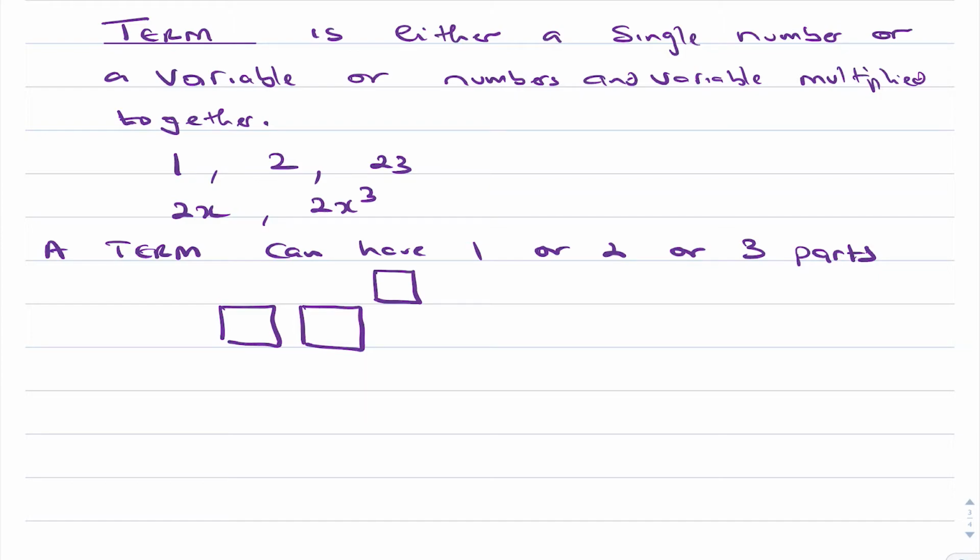So that's what terms look like. And this is what we call a term. In this case, let's put 3 there. That's a constant. Let's put a variable there and a number in the power. So when you write 3x squared, that's a term, one term.